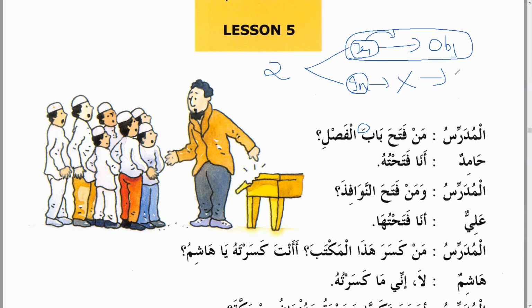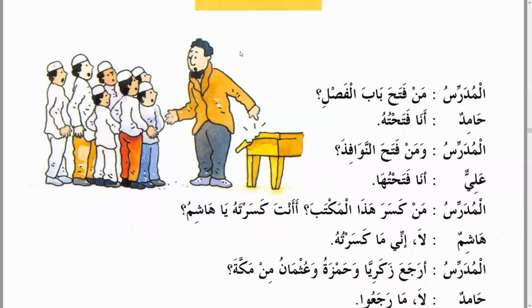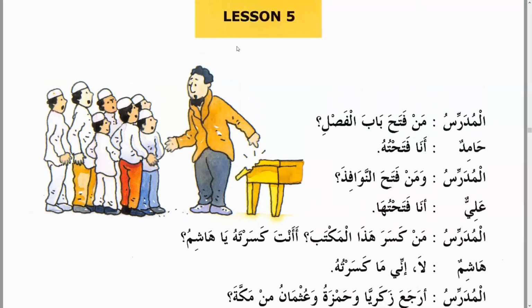This is called lazim, and this is called mutaaddi. Only mutaaddi ones take the object, Mafoolun bihi. And we should always remember that if a pronoun joins a verb, then it is always the object. That is also what we are learning in this lesson, inshallah.